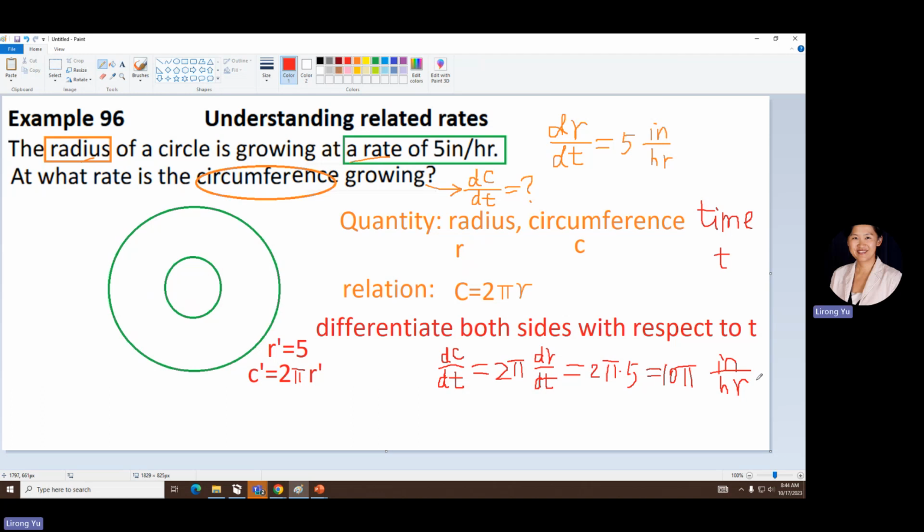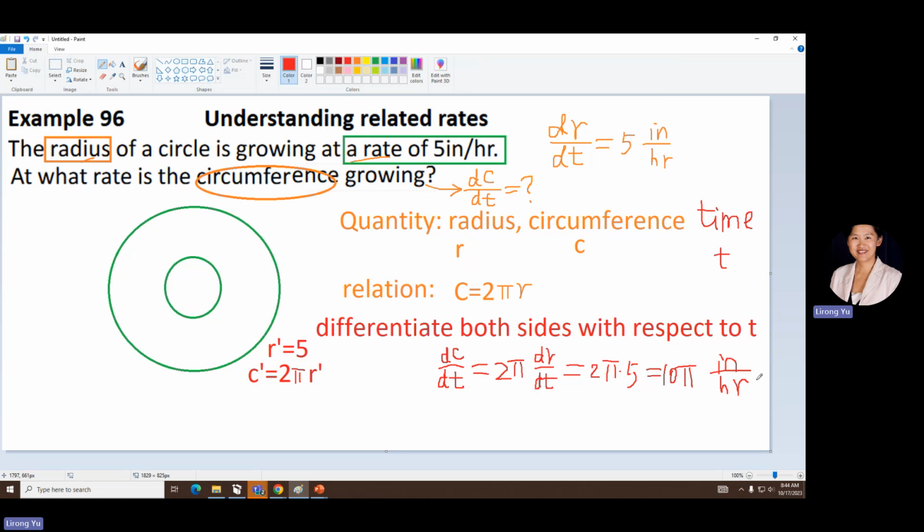All right, so this is what I'm talking about. If you have practiced similar types of questions for related rates, you might be able to understand the reasoning. But if it's a brand new question, then number one, understanding the relation between the quantities is difficult. Sometimes if students are new to related rates, they don't realize that the underlying or independent variable is actually t.